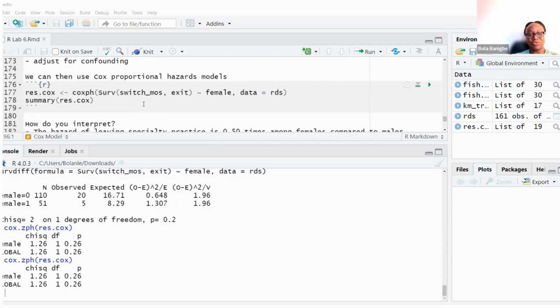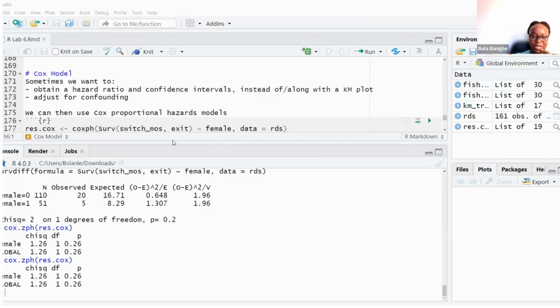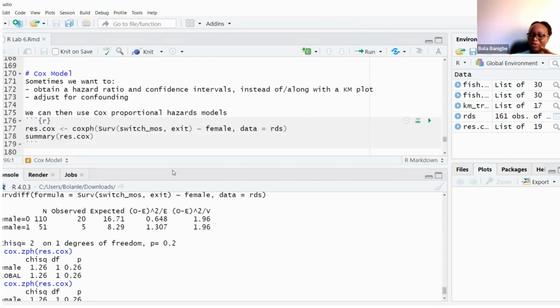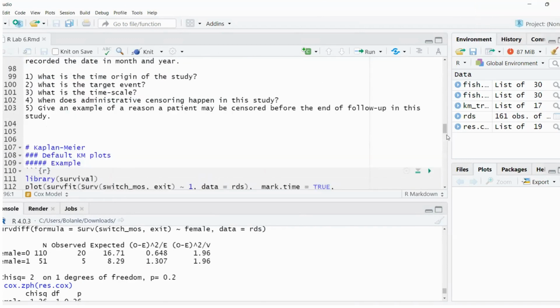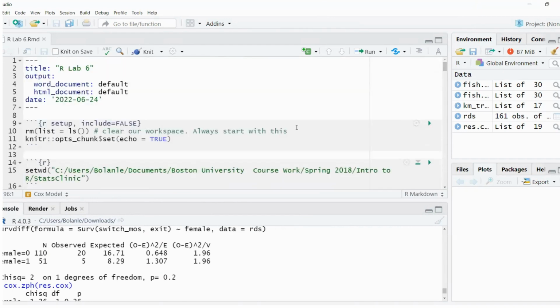Let's go back. So basically, when you select knit to Word, it tells you it cannot find your working directory. Yes. And do you usually set the working directory before you start? That's what I did first.